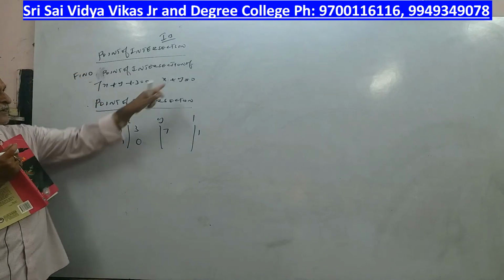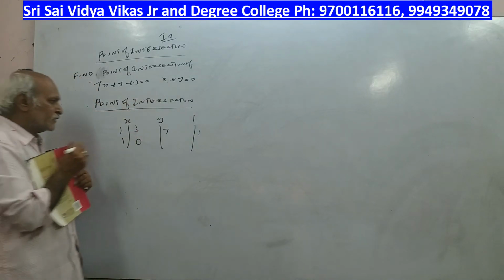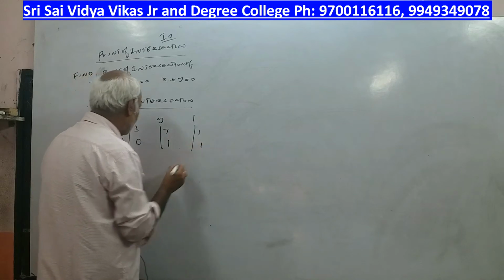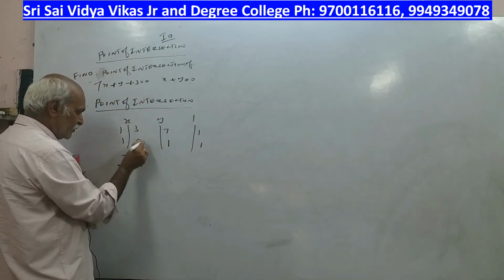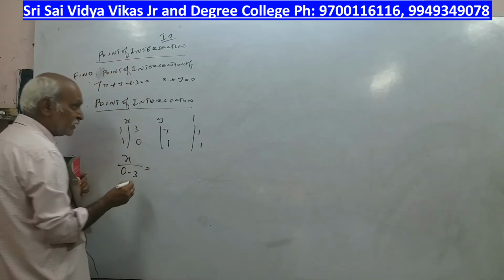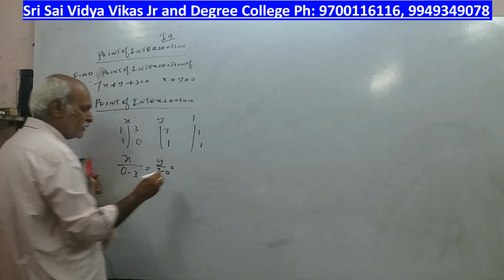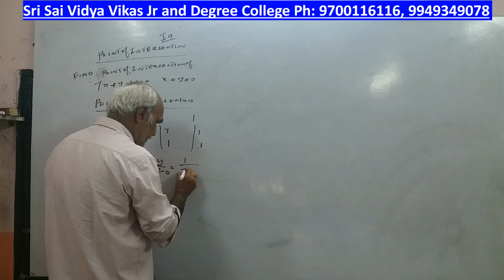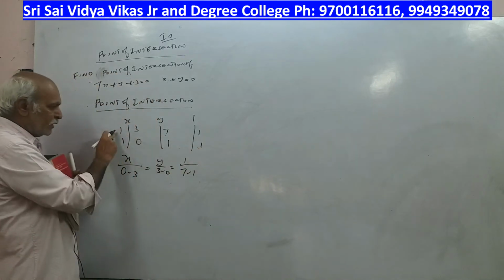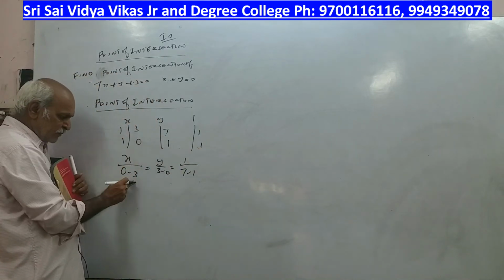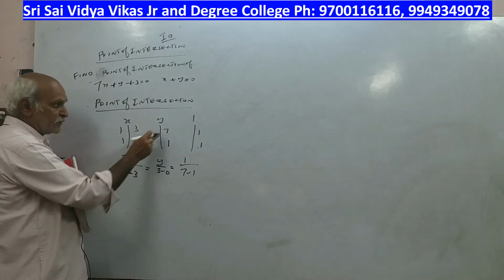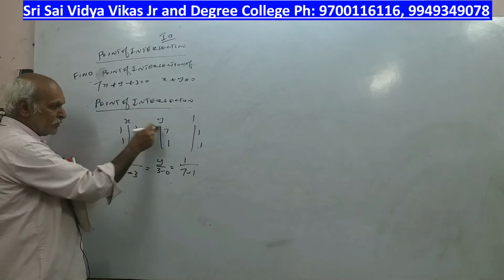That's why I have selected here. There is no constant, we have to put 0. Next x coefficient is 1, then 1. So, x by 0 minus 3, y by 3 minus 0, then 1 by 7 minus 1. So, 1 into 0, 0, 1 into 3, 3 with minus sign. Next, 3 into 1, 3, 0 into 7, 0.